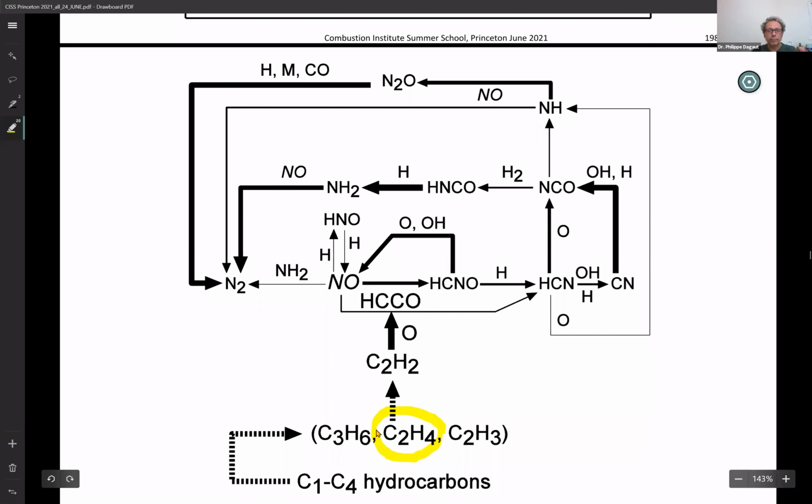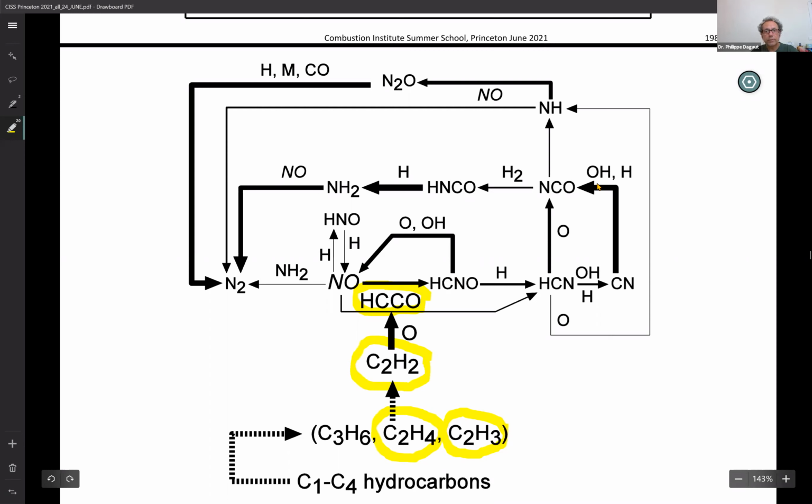The oxidation of propylene will give ethylene as an intermediate, and ethylene gives C2H3 vinyl radicals, which will produce acetylene. And acetylene by oxidation with O atoms produces HCCO. HCCO reacts with NO, mostly giving HCNO. Unfortunately, HCNO is mostly oxidized and gives back NO. But there is a fraction of HCNO which reacts with H atom producing HCN as an intermediate. And then you are dealing with HCN chemistry.